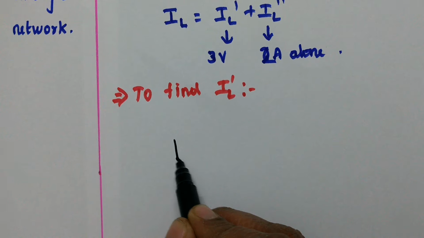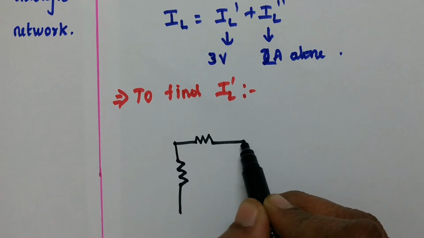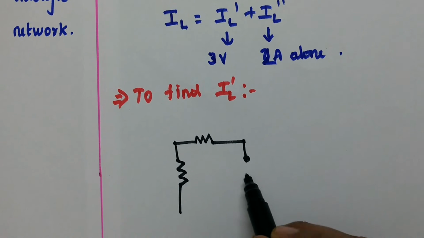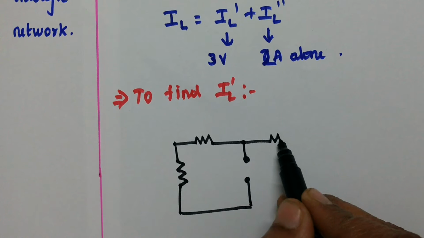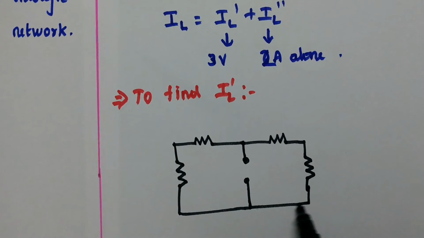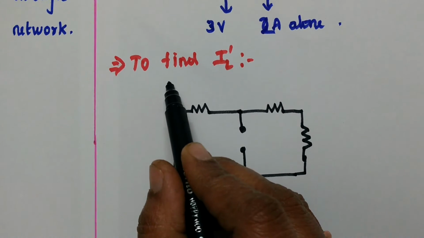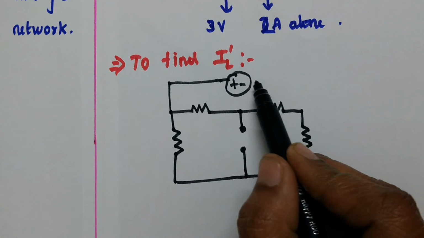Now the resistance, here also the resistance. Now the current source 2 amps is open circuited. Here the voltage source is acting alone, 3 volt.